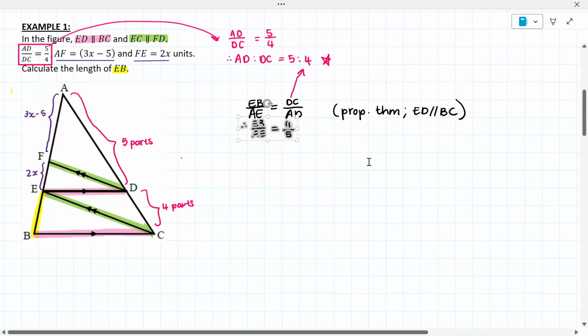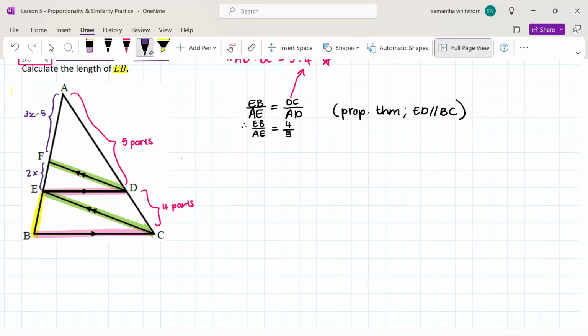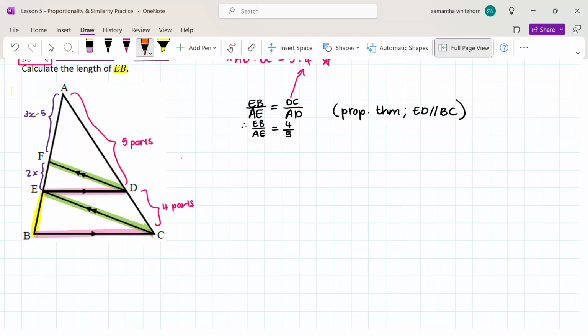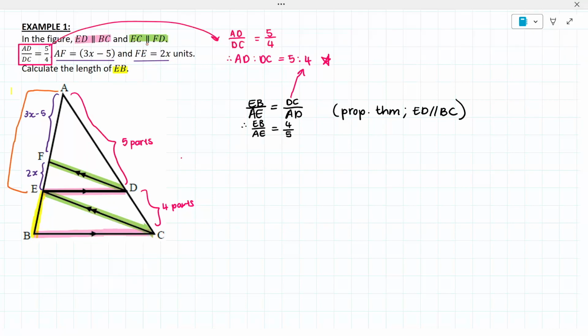So now that I know that, I can also start to fill in other bits of information that I have. I know what the length of AE is. So if you have a look over here, AE is the side length in orange there. So that would be 3x minus 5 plus the 2x. That's the length of AE.